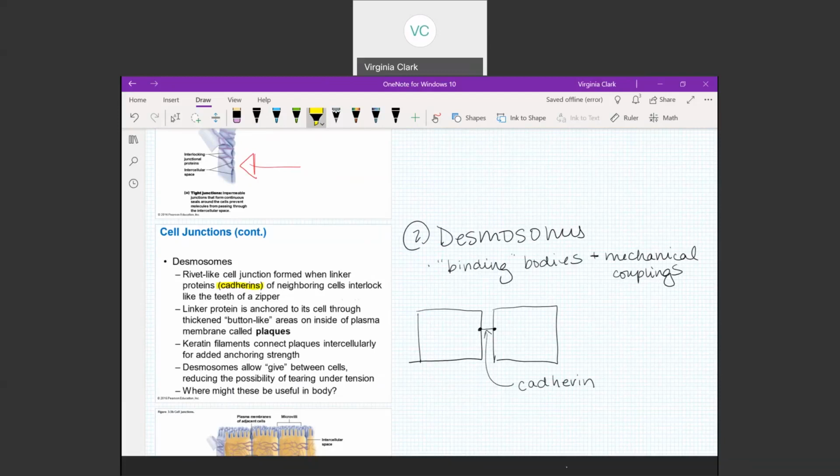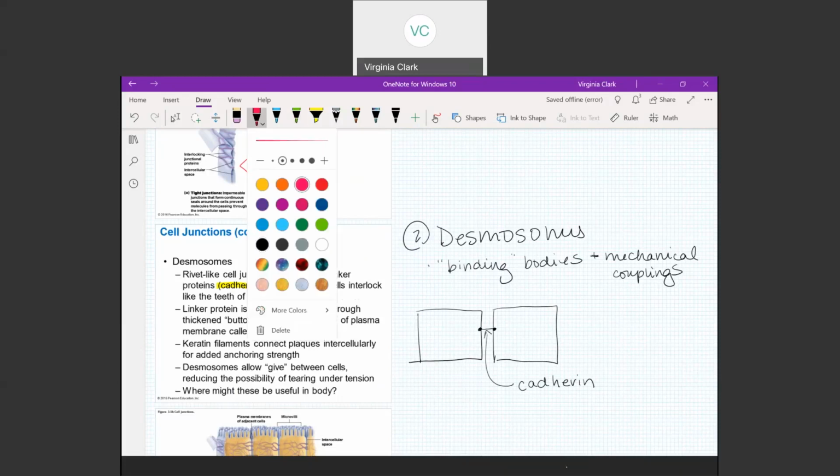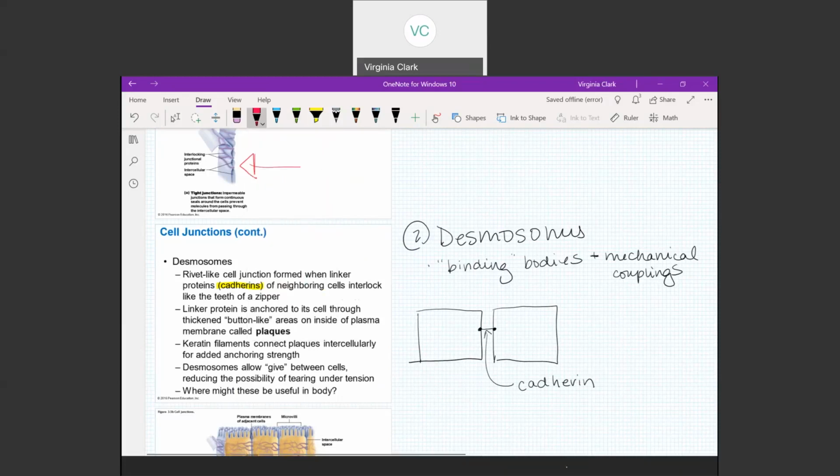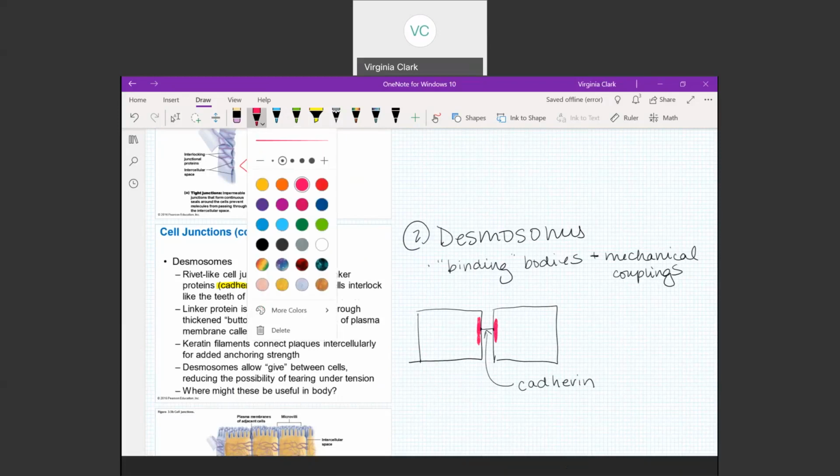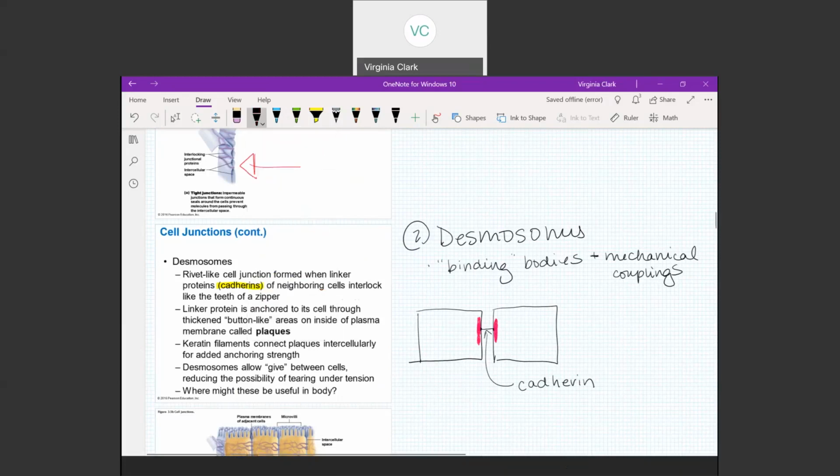However, as you know, if you were to put a bunch of screws into something that doesn't have the ability to maintain it, it'll break through. So what you also have is not only do you have these cadherins, you are going to have this thing called a plaque. And the plaque is going to be found on either side of the plasma membrane. On the inside, it's essentially going to be a washer, if you're familiar with the terminology. So this is going to be your plaque.